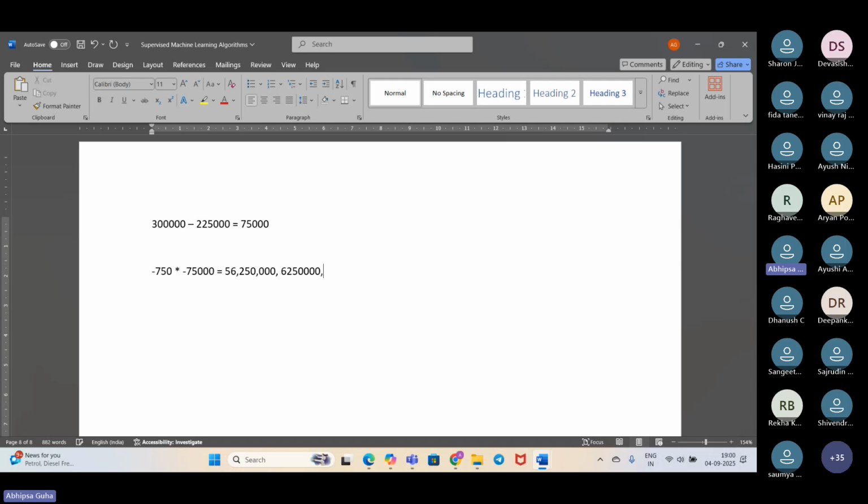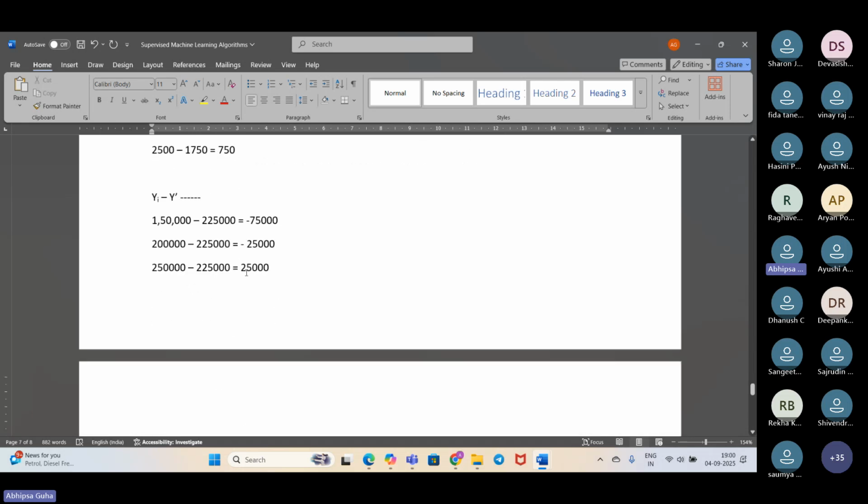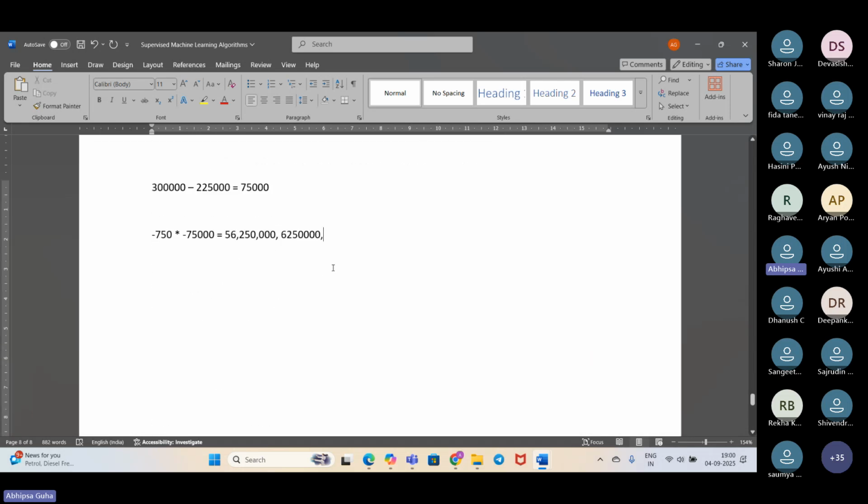Next, it is positive 250 into 2500, the same thing, that is 625 with 4 zeros, around 62 lakhs, 50,000.